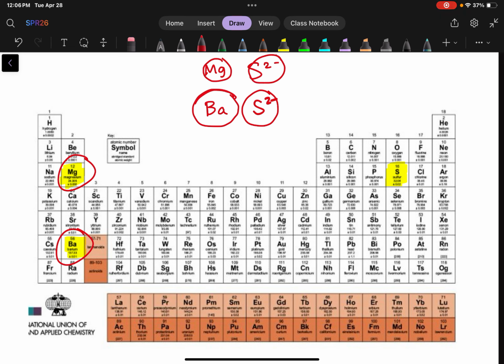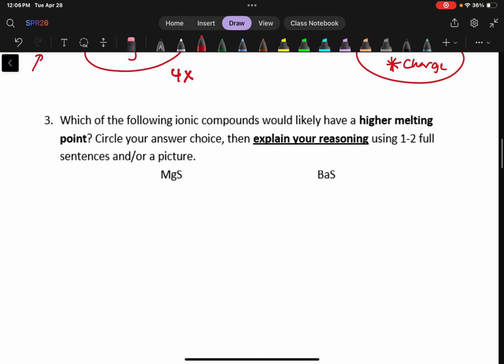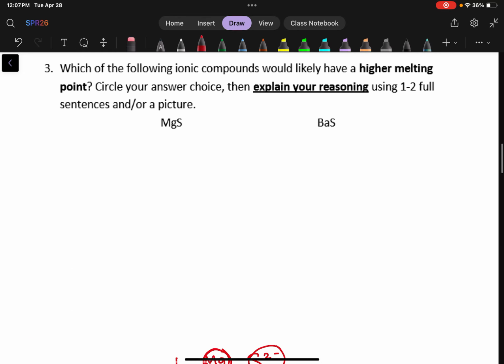Sorry, these are kind of terrible drawings, but you get the idea. So our size is going to increase as we go down a column, and so if barium is larger, we're going to have a little bit of a harder time packing barium as close as it would like to be to sulfur. So that's going to be a little less of a favorable interaction.